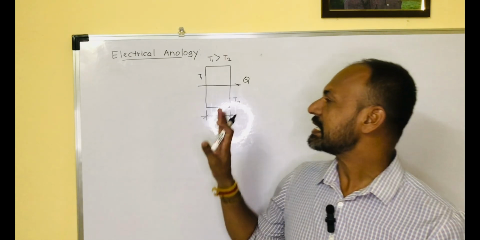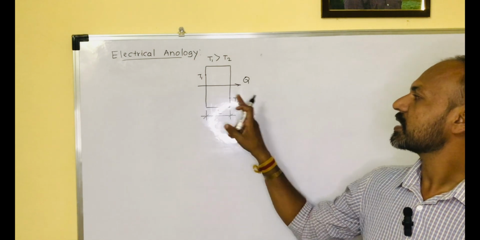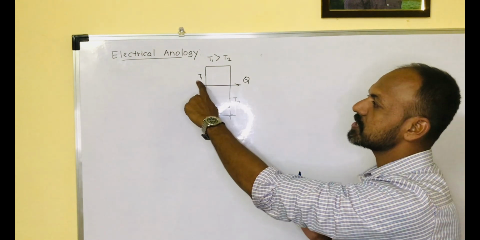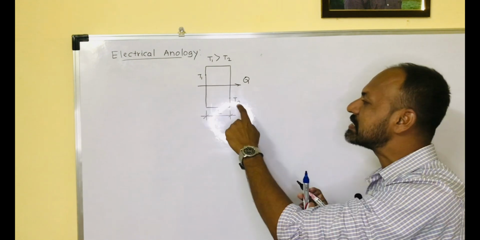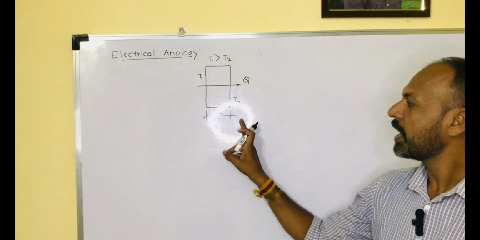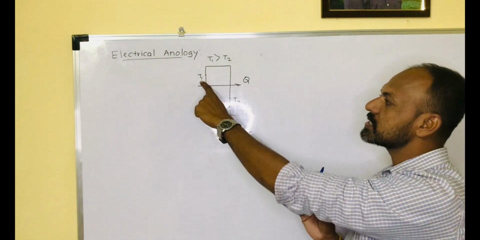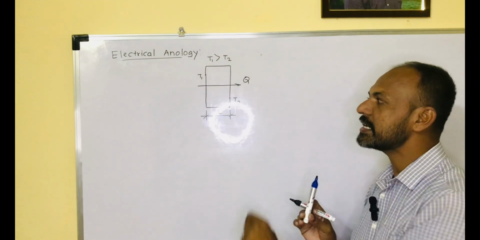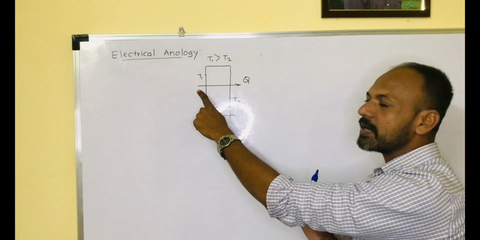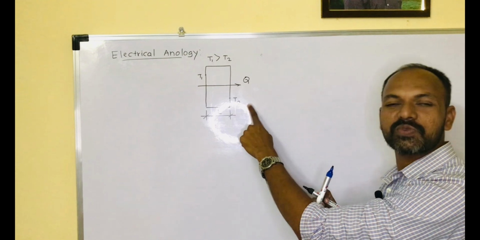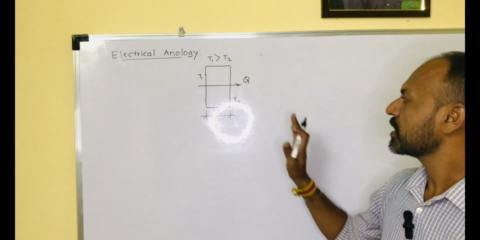Before understanding that electrical analogy, let us consider a plane wall which has two surfaces. The first surface is at temperature T1 and the second surface is at temperature T2, with thickness L. Here we have specifically considered T1 greater than T2, so heat will flow from the surface at T1 towards the surface at T2.